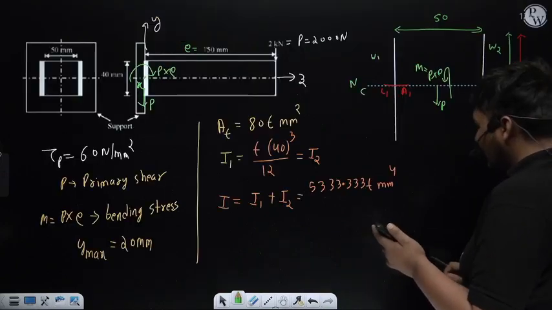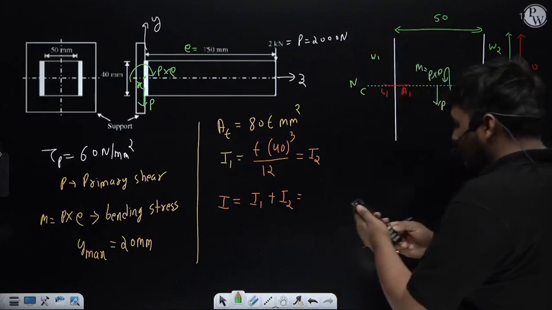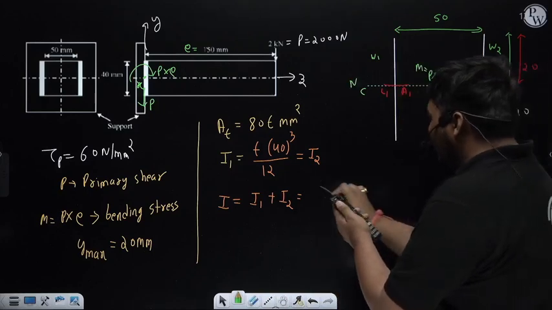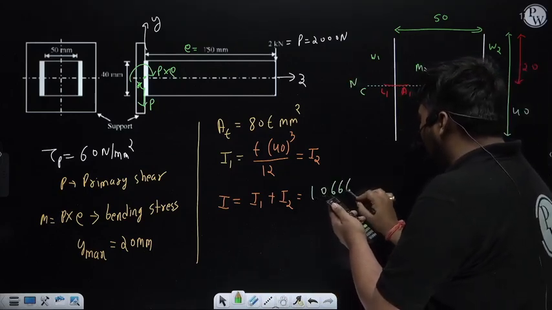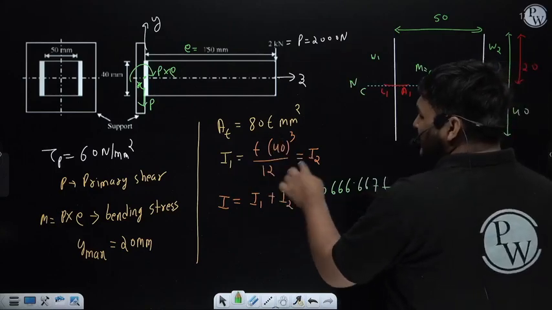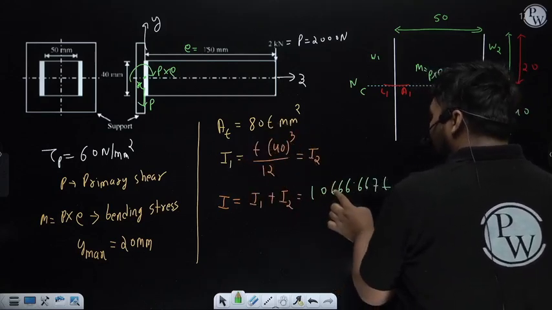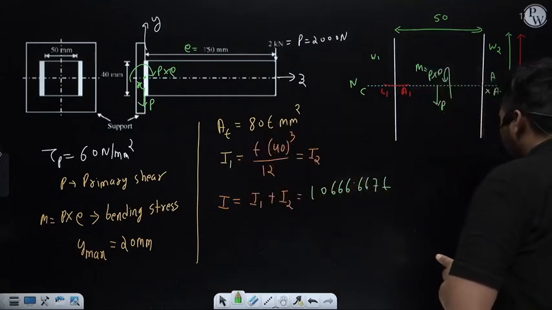Sorry, here I made one mistake. If you calculate I1 plus I2, it comes to 10,666.667 T. You can check the calculation. I1 is this, I2 is also this. If you add both of them, it means we need to calculate twice of this. It was a slight calculation error.